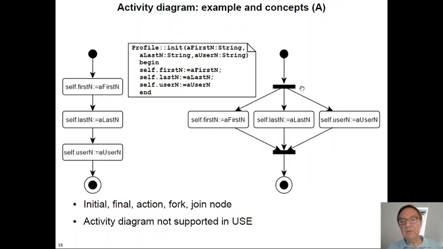And this can be reflected in an activity diagram with special features, with a fork node and with a join node.